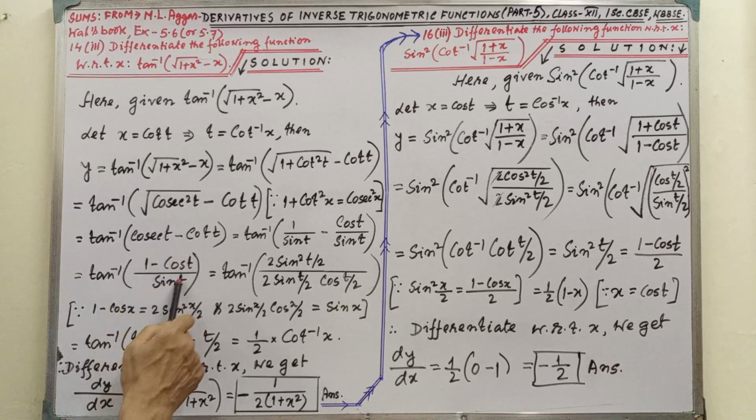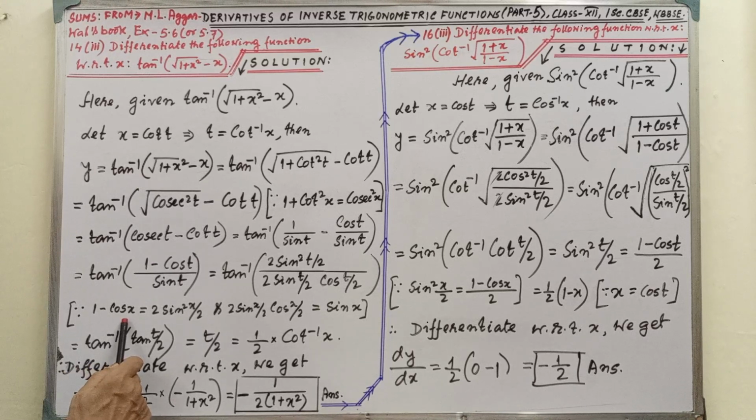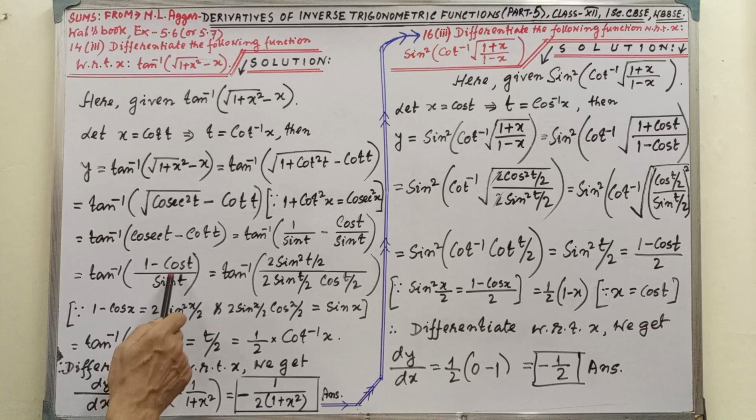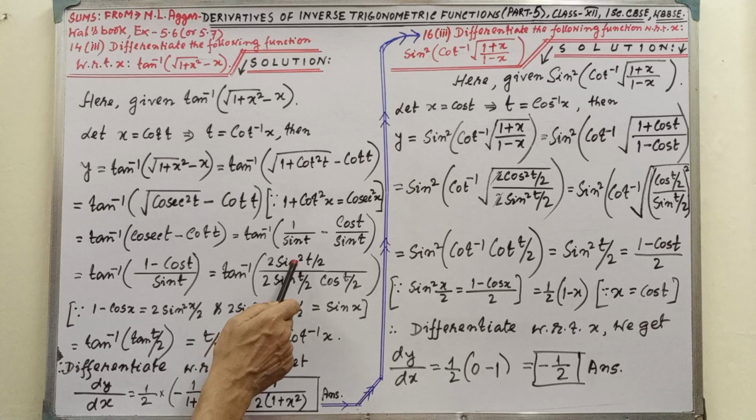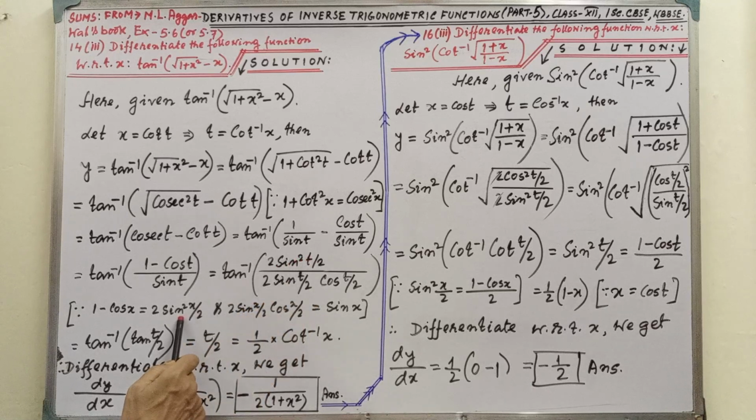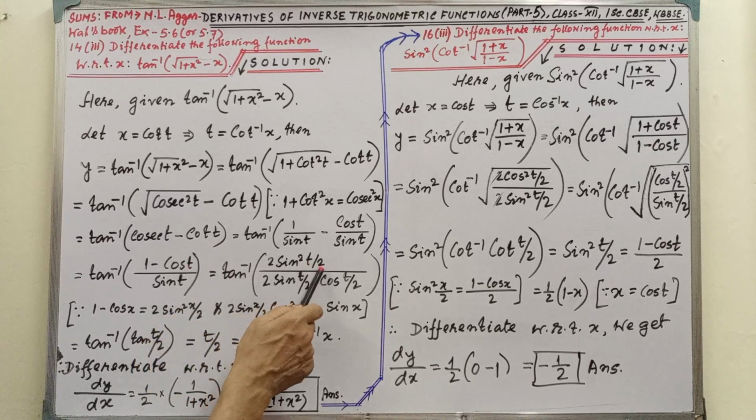This expression also is in the frame of a formula: 1 minus cos x equal to 2 sin square x by 2. So in place of 1 minus cos t we may write 2 sin square t by 2. In place of x here is t, so it will be t by 2.